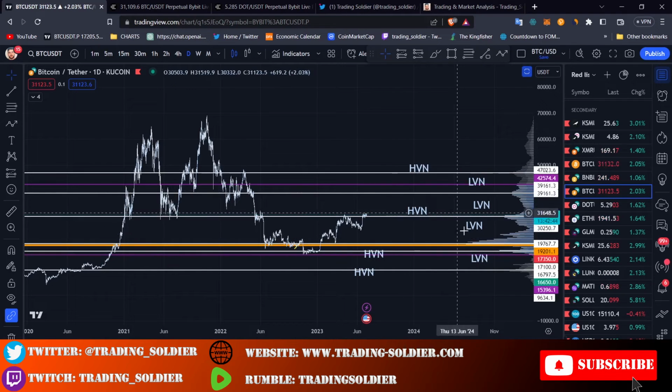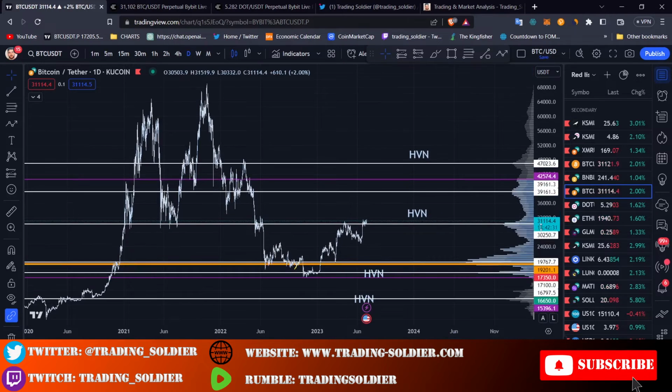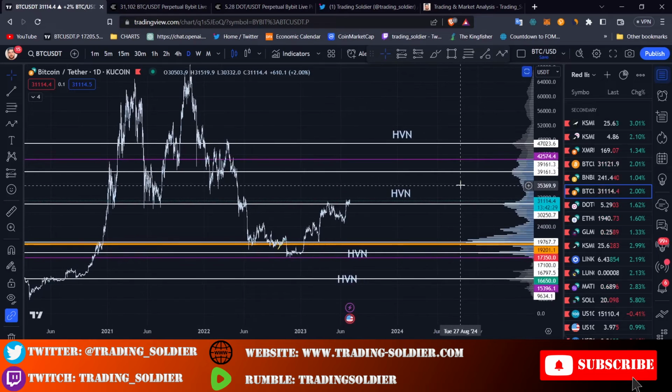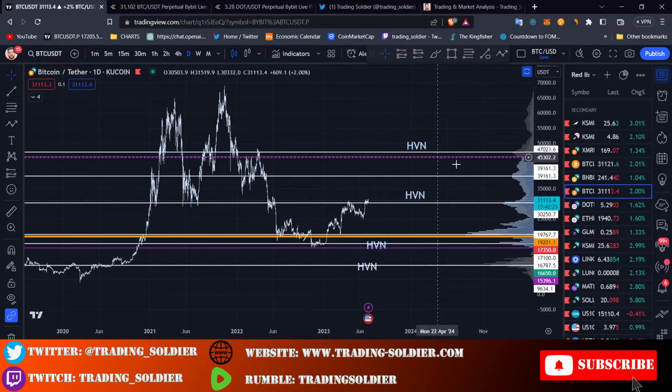So we have marked our high volume nodes, okay? We are going to delete the low volume nodes. I'm going to leave the high volume nodes. And what I'm going to explain is that when you approach a high volume node, as you see, these horizontal lines coincide with points of supply and demand in the chart.